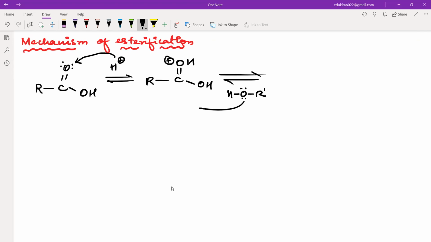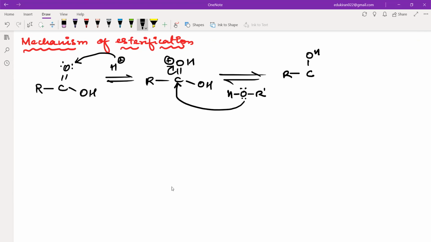It is going to attack the carbon atom, because carbon is the one having a highly delta positive charge. As soon as it attacks carbon and starts forming a bond, this bond will break because carbon cannot have 5 bonds. And you will get C OH neutral because it has been neutralized now.